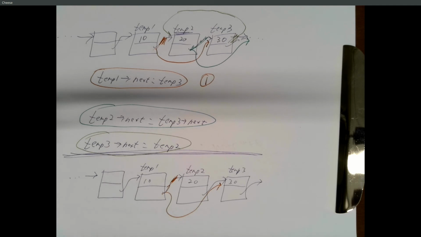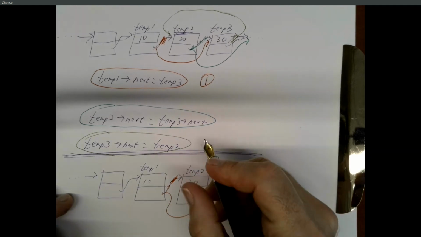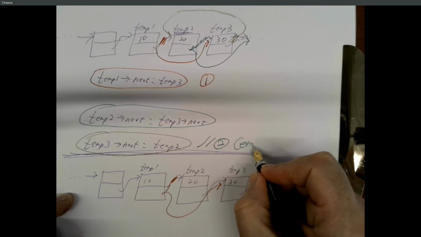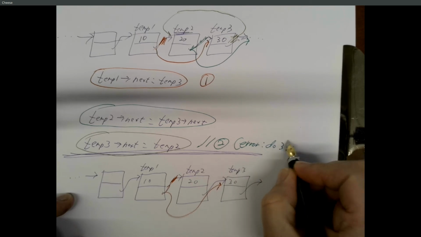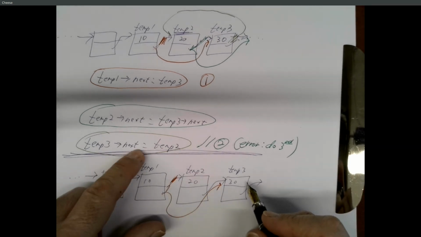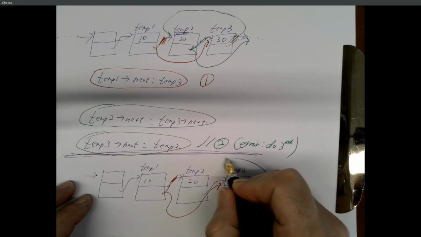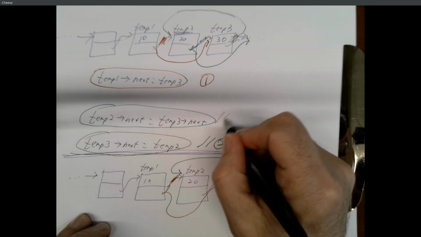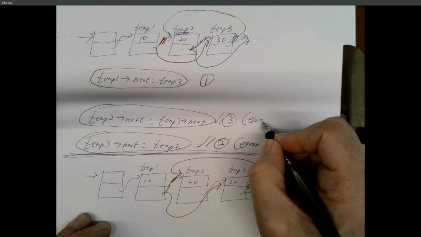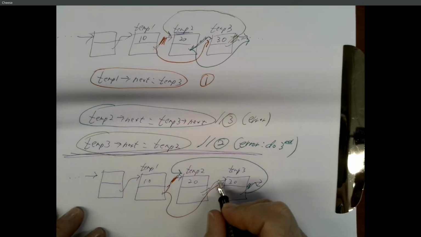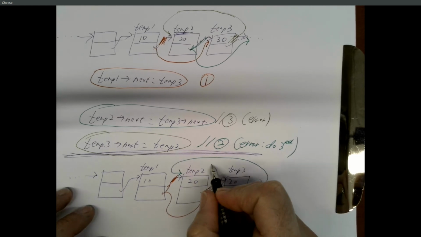That's good. Suppose we do this second. Temp3 next should equal temp2. That changes this pointer to point to temp2. And now, let's do this third, which is also an error, and say temp2 next equals temp3 next. So temp2 should point wherever temp3 is pointing.